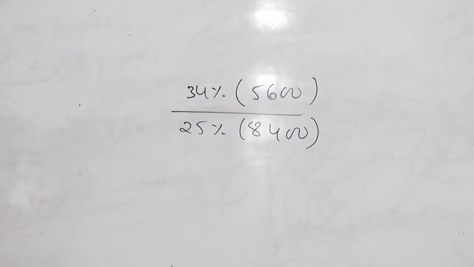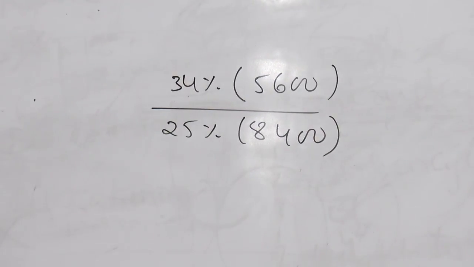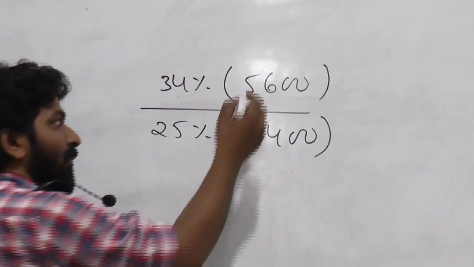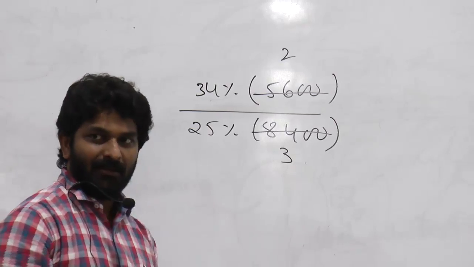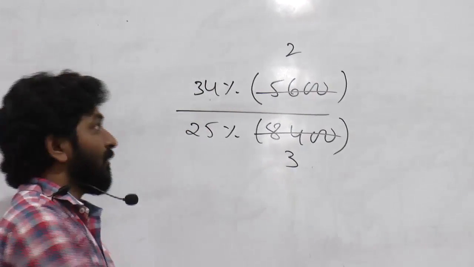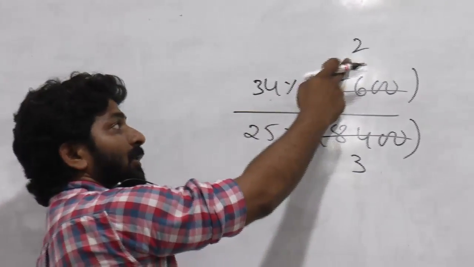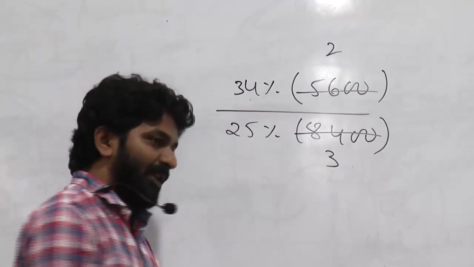Don't try to calculate 34% and 25% values. Take the numbers as they are. You know the ratio, we have already calculated, that is 2:3. So 2 by 3, no more cancellations. 34, 2 times is 68, by 75.